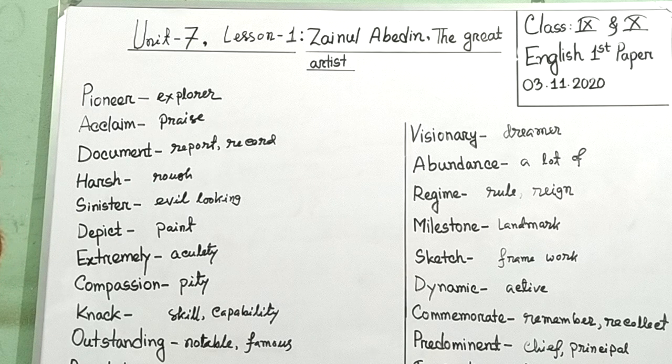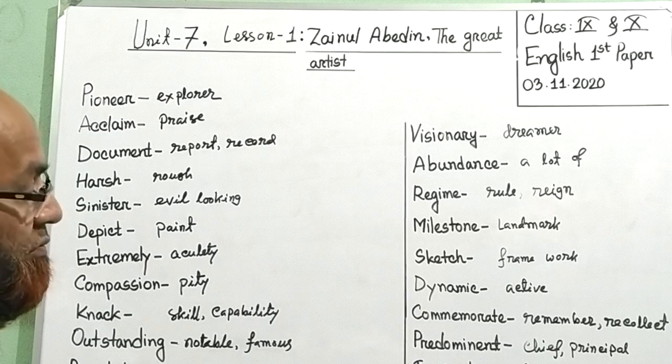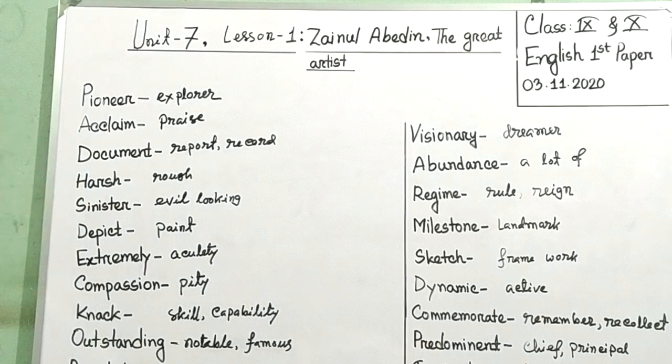Regime means rule or reign. Milestone means landmark. Sketch means framework. Dynamic means active. Commemorate means recollect or remember.